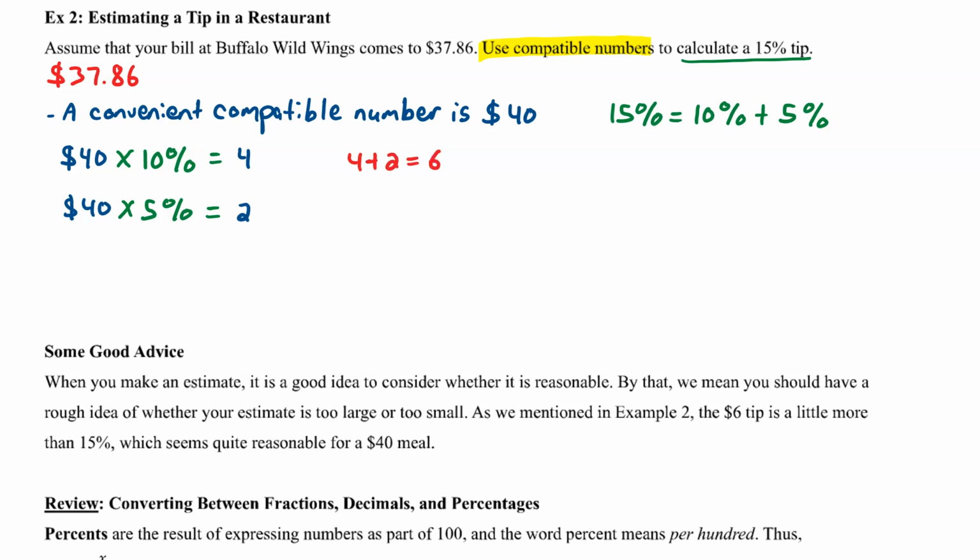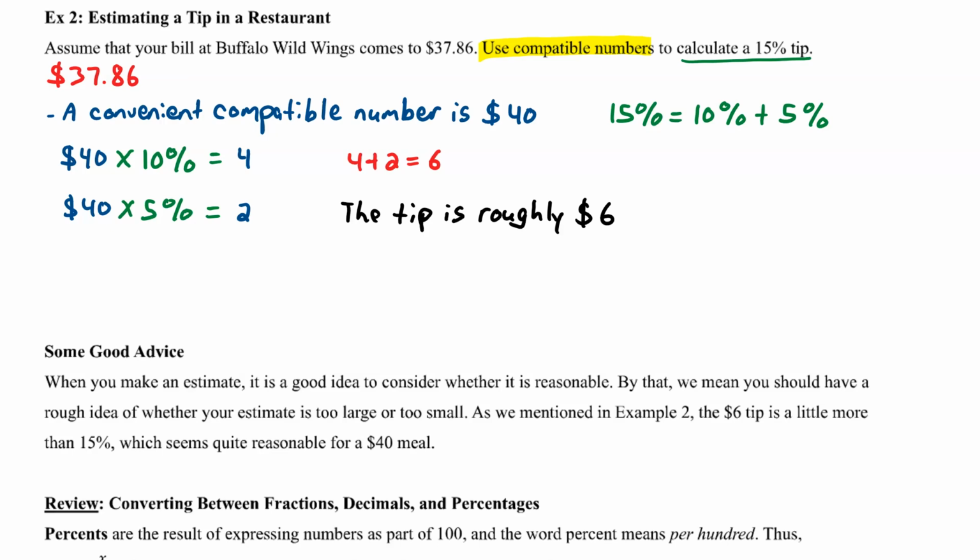So this tells us that the tip is roughly $6. And we know in this situation, because the compatible number we chose was bigger than our actual cost, this tip of $6 is actually a little bit more than what a 15% tip would be.